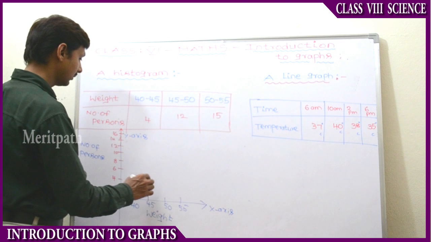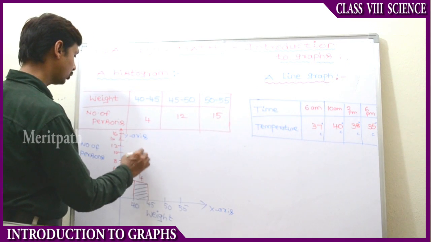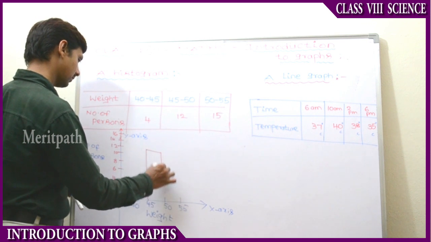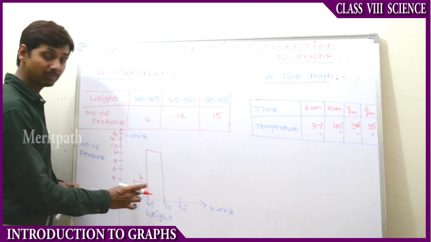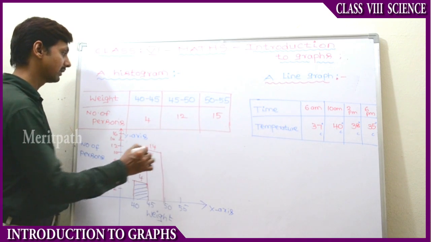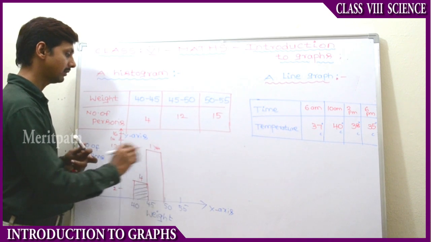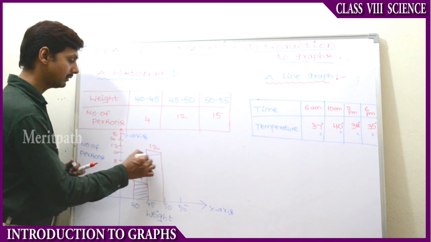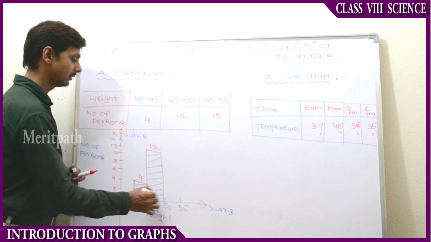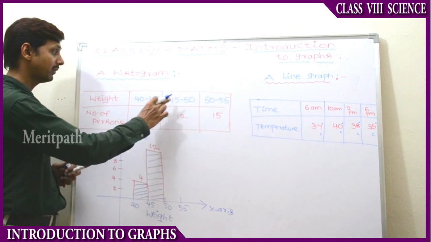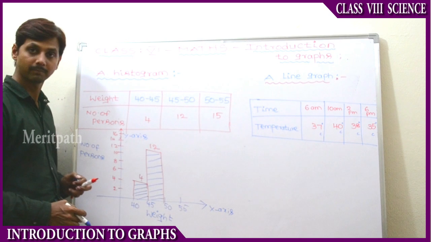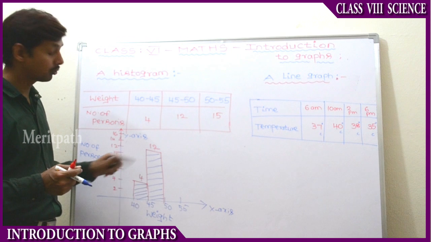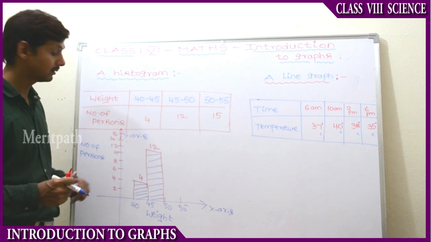So 45 to 50, 12 persons. The persons having weight of 45 to 50 are 12 persons. So we observe here there is no gap between the intervals, no gap between the bars.